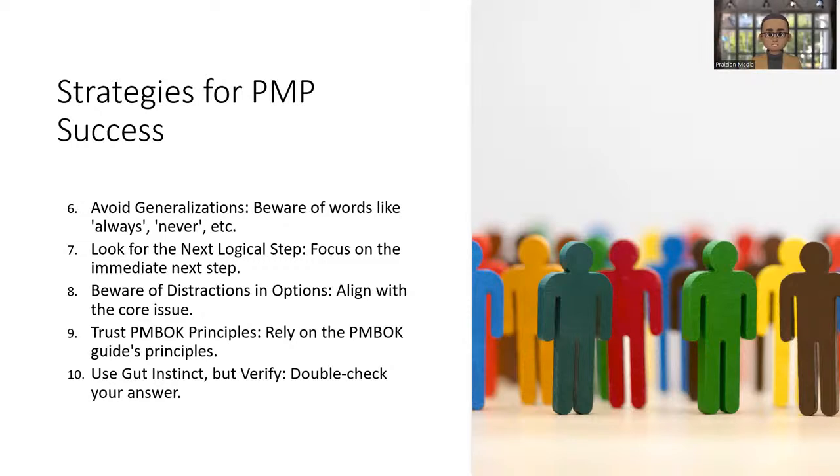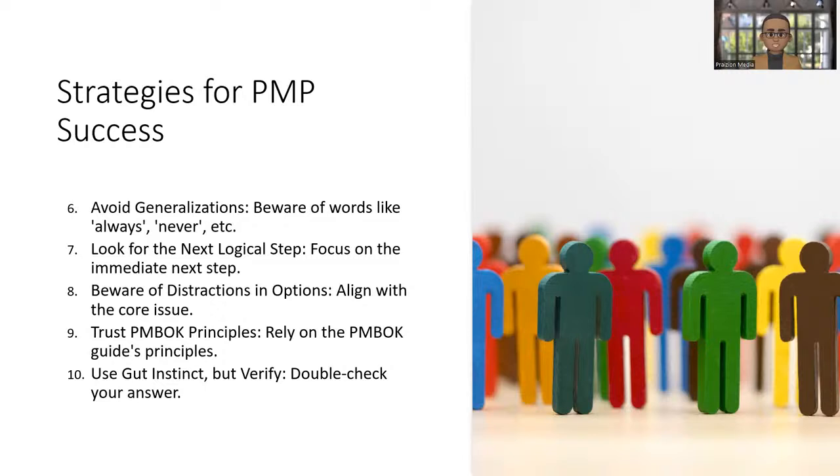Number 9, trust PMBOK guide principles. PMBOK principles that talk about stakeholder, team, stewardship, complexity, uncertainty, and things like that. Those will guide you. Number 10, when all else fails, or in the middle of analyzing, use your gut instinct, but verify and double check your answer.